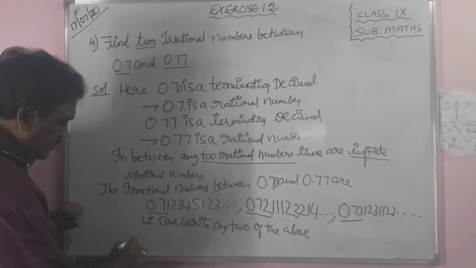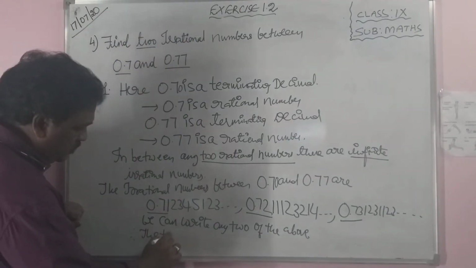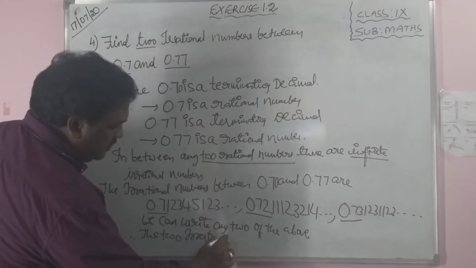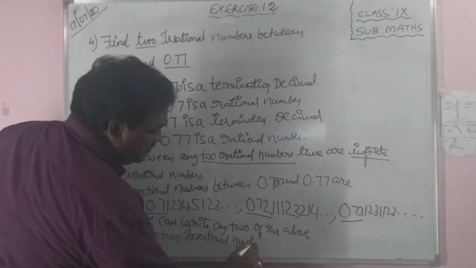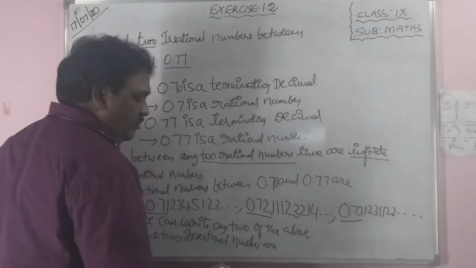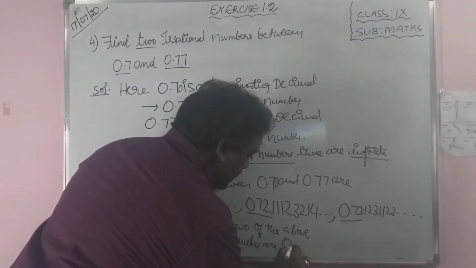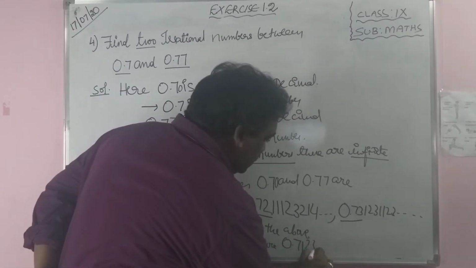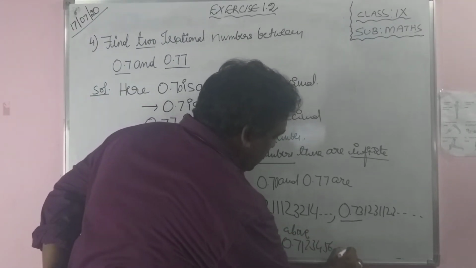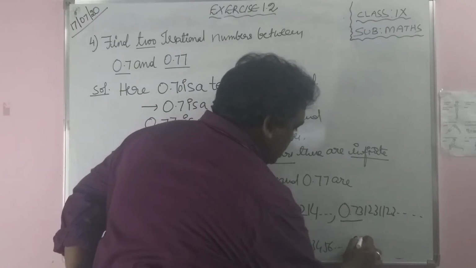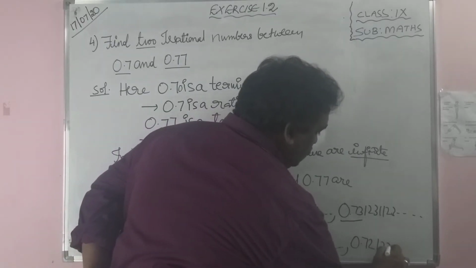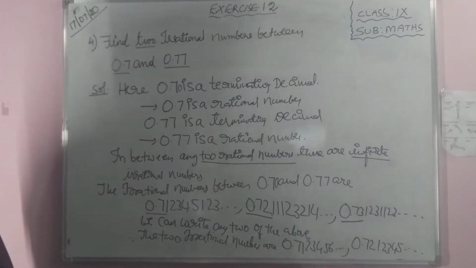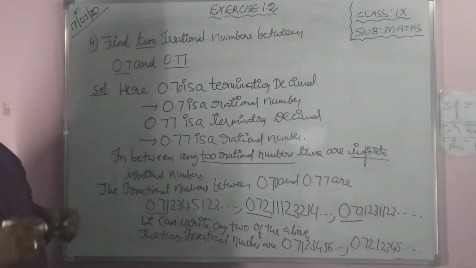Therefore, the two irrational numbers are, my choice, 0.71 2, 3, 4, 5, 6 and so on, and 0.72 1, 2, 3, 4, 5 and so on. So there the problem ends. Write down neatly first.